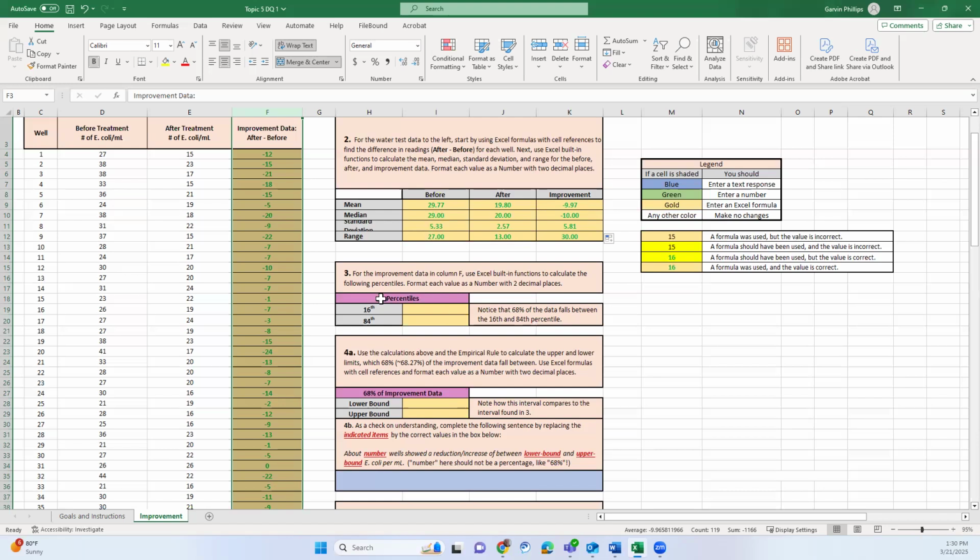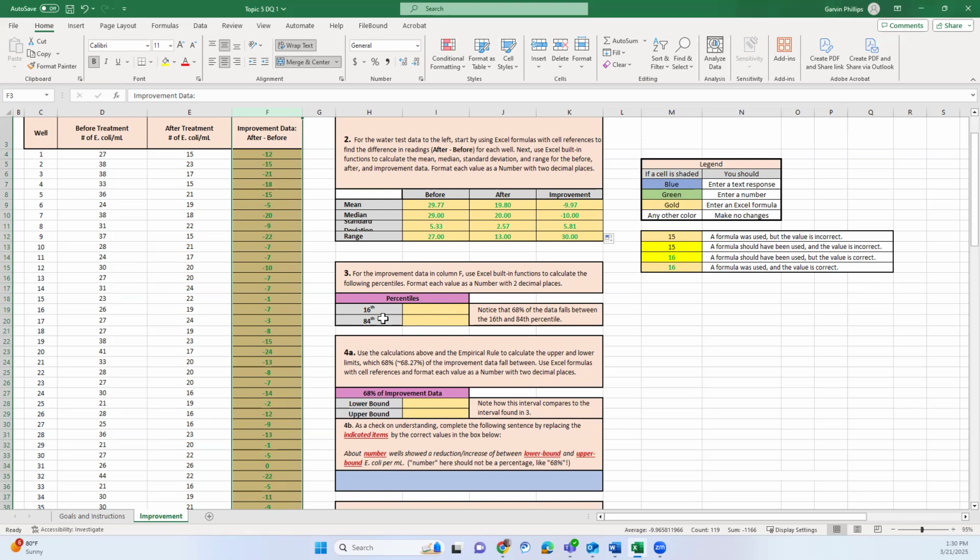And for the improvement data, we're going to use the built-in function to calculate the following percentiles. Format each value as a number with 2 decimal places. So again, we're just following what they say, and we're going to use the percentile function here.